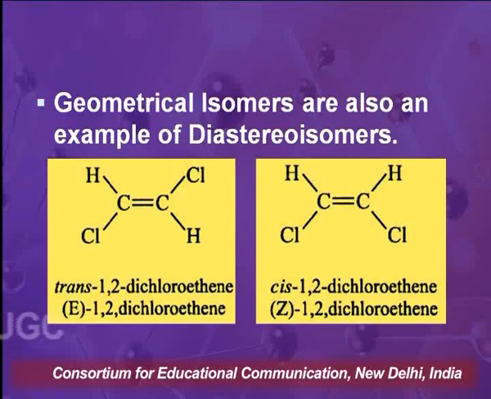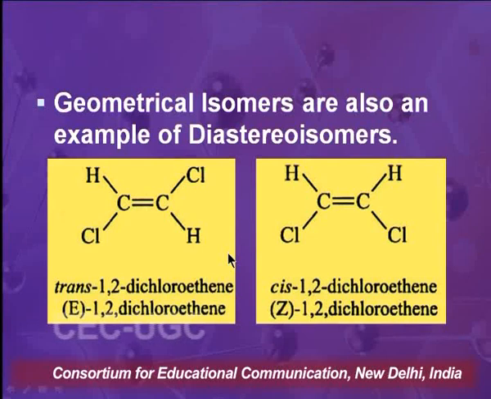As we discussed in geometrical isomers, geometrical isomers are also not superimposable, and they are also not mirror images of each other. So we say geometrical isomers are examples of diastereomers. So what are diastereomers?